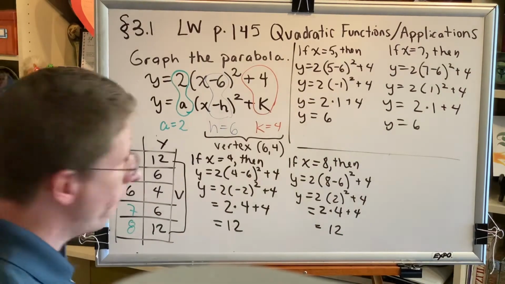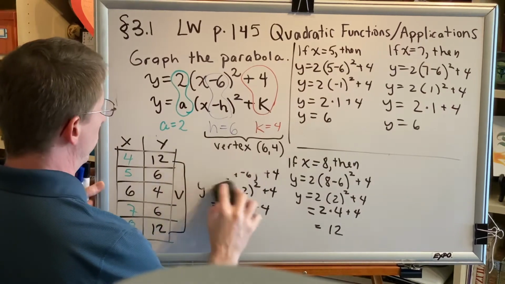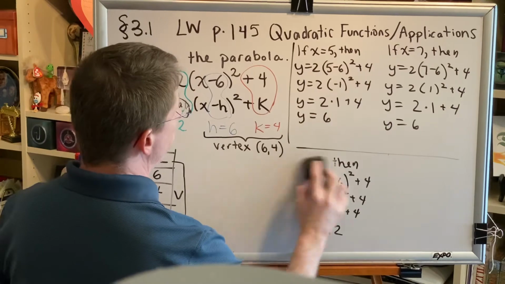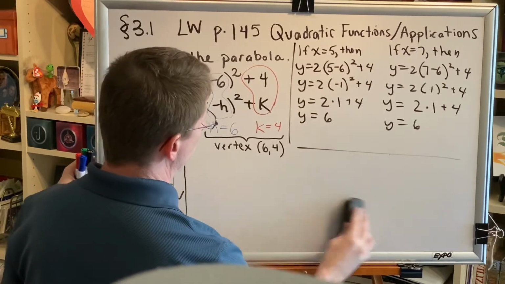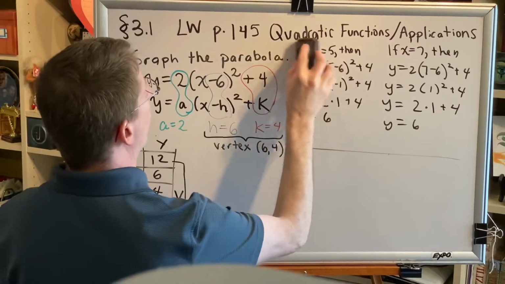Okay, now that we have our completed table of points, we can create our graph. We know this is a parabola and that it will be U-shaped. a is positive, so it will open up.